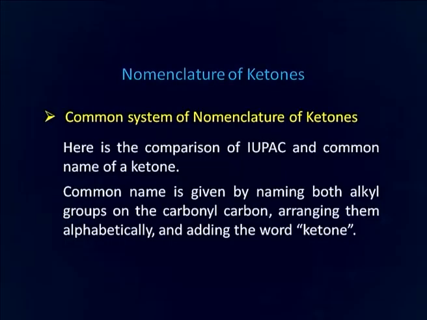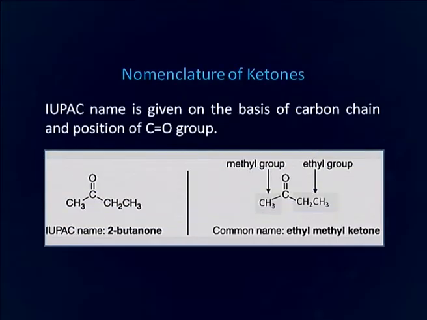Common name is given by naming both alkyl groups on the carbonyl carbon, arranging them in alphabetical order and adding the word ketone, whereas the IUPAC name is given on the basis of the carbon chain and position of the carbonyl group. As you can see here, in both cases it is butanone. This molecule in IUPAC nomenclature is called butanone because position 2 has a ketonic group, whereas the common name for this molecule is ethyl methyl ketone.